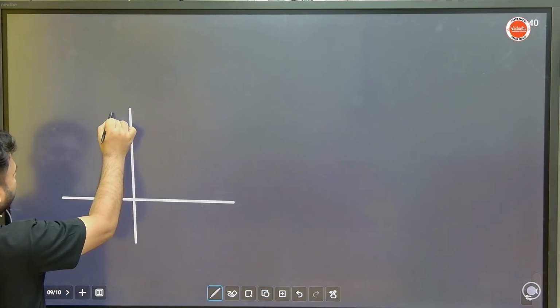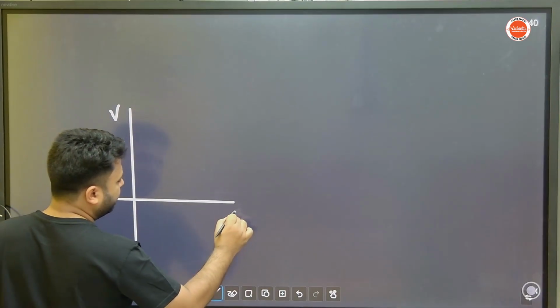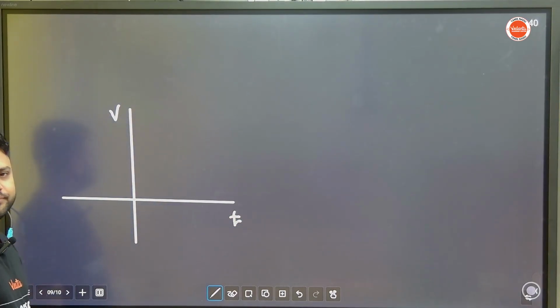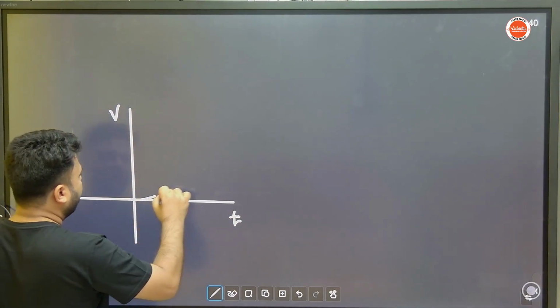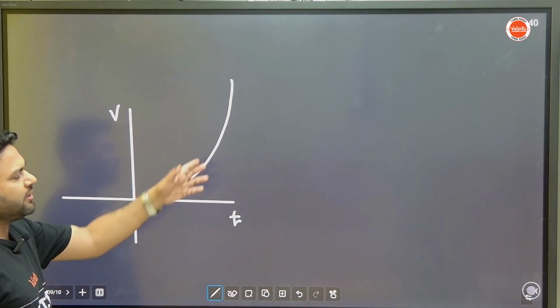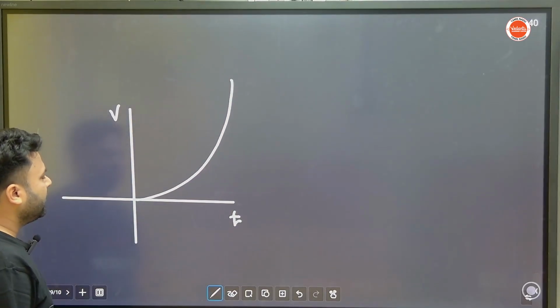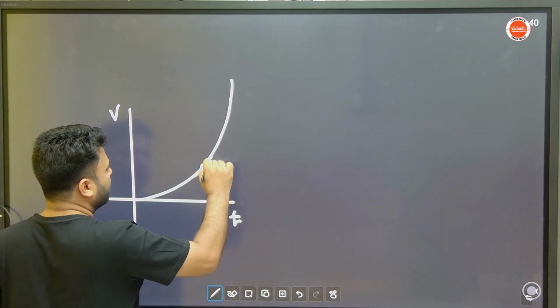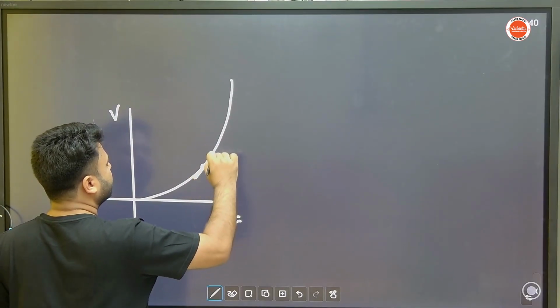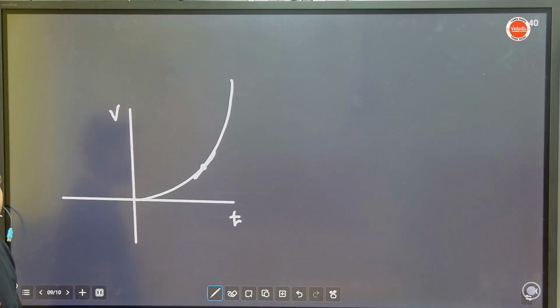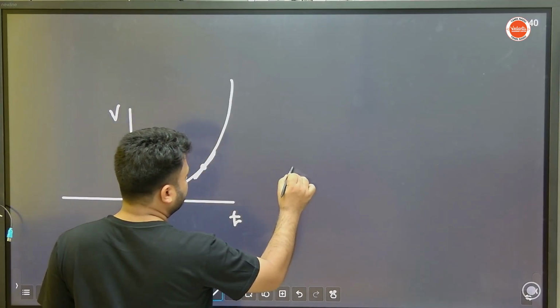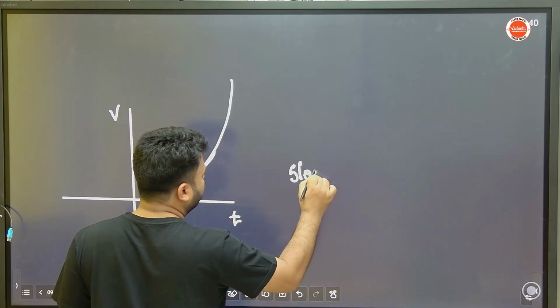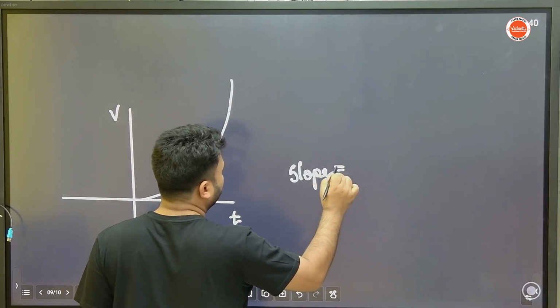Suppose this is a V versus T graph, and here we have some graph. They are asking what is the slope at this point. Again, you will draw one tangent like this. If they ask the value of the slope, what do you need to write?